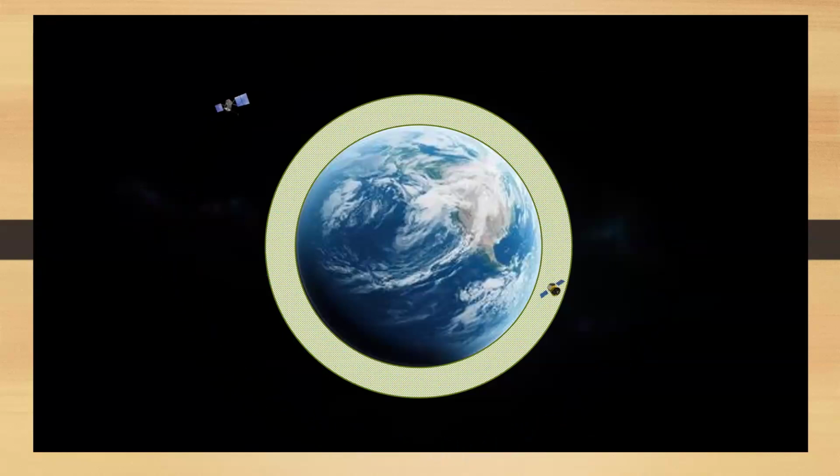That one is going at a higher orbit. Then there are these other low Earth orbiting satellites going very close to the Earth, normally within the atmosphere, while the higher one is the GNSS, which we already spoke about.